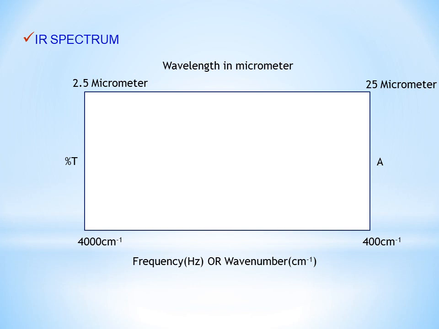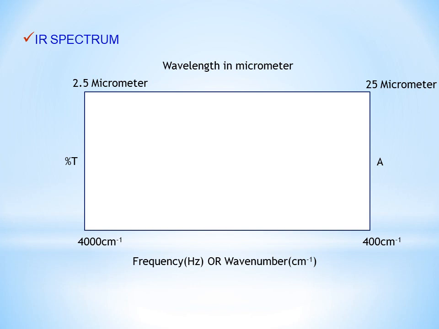On the left-hand side you can observe percent transmittance, and on the right-hand side you can observe absorbance. By using the intensity of absorbance, we know we can perform quantitative analysis. Wherever we want to measure the quantity of a molecule, the intensity of absorption is useful.